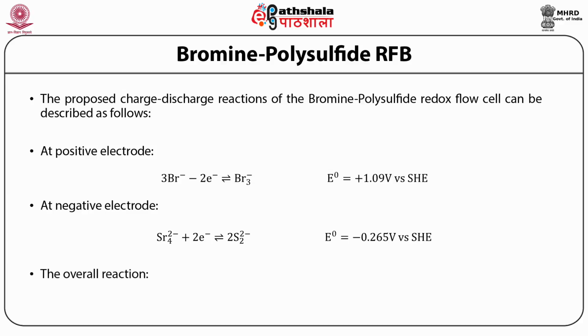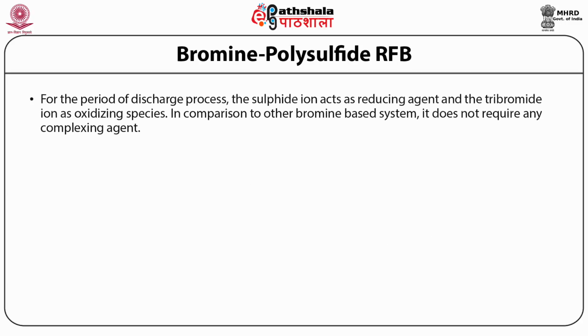Thus, the overall reaction becomes S4 2- plus 3Br- charges or discharges to give 2S2 2- plus Br3-. For the period of discharge process, the sulfide ion acts as the reducing agent and the tribromide ion as the oxidizing species. In comparison to other bromine-based systems, it does not require any complexing agent.